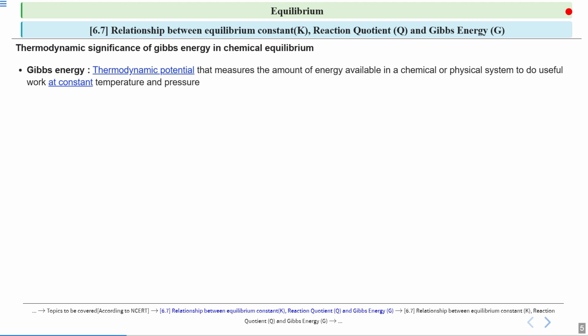And for a spontaneous process, its change should always be negative. Why am I saying this? It's very simple. Suppose you have 10 kilojoule of energy and you use 5 out of it, then the final energy you are left with is 5.